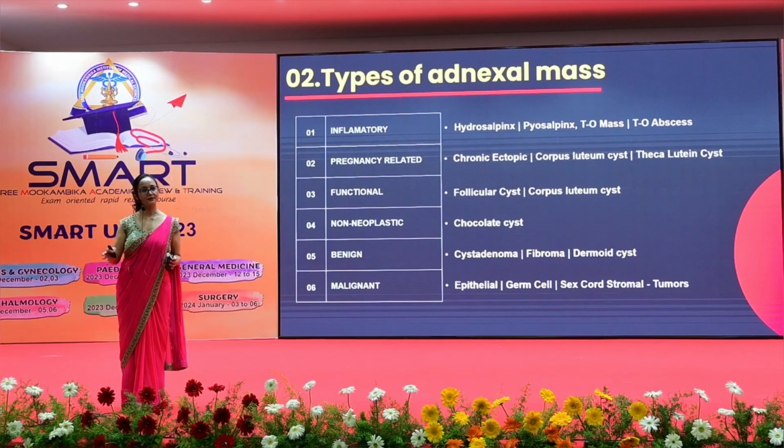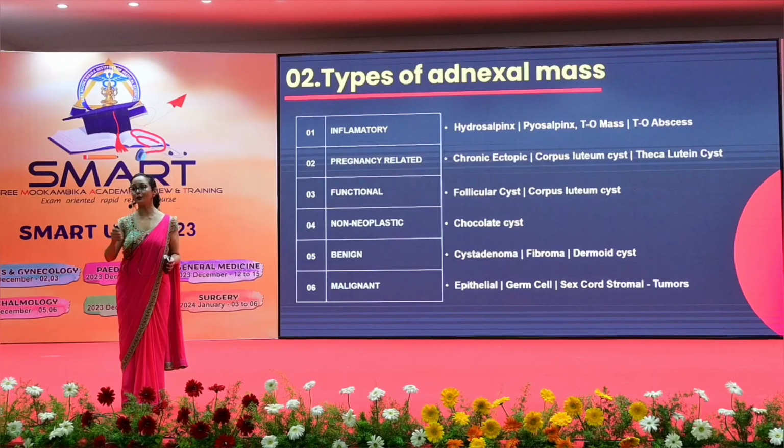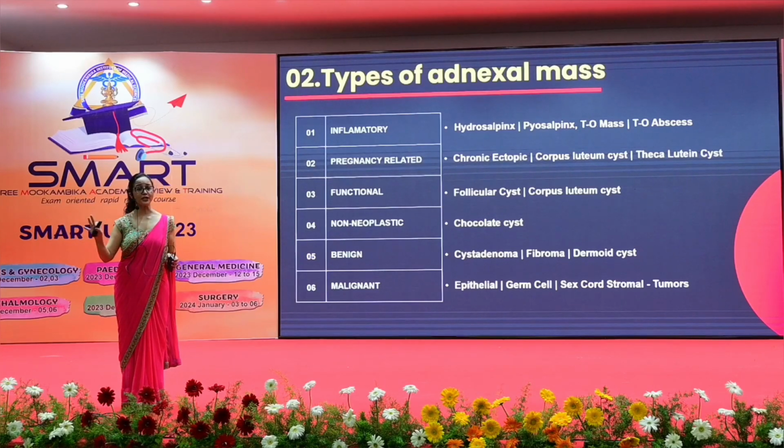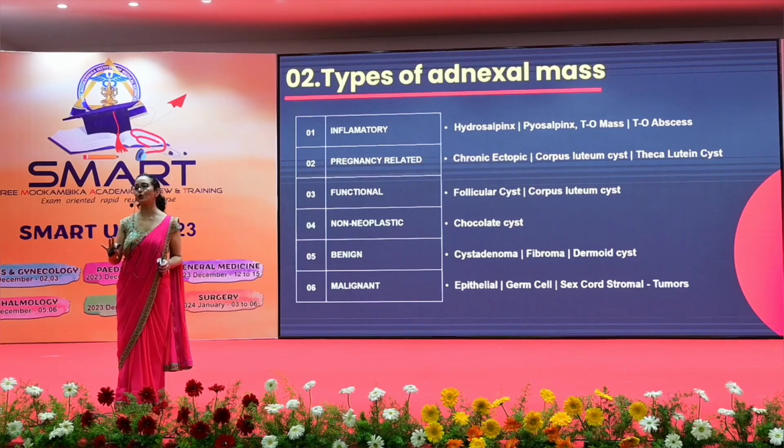Can anybody answer? This is a pregnancy related cyst, which is because of high level of beta hCG. What is the cyst called? Theca lutein cyst. It can be 10 centimeter, it can be 100 centimeter. You are not supposed to touch it. Once the pregnancy goes away, slowly the cyst also will go away.